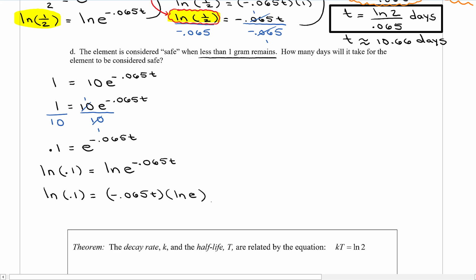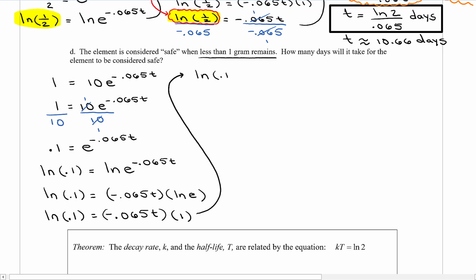So the natural log of 1/10 equals negative 0.065 t times 1, because the natural log of e is just equal to 1. I'm going to draw an arrow from this equation pointing upwards and towards the right to write my new equation here. I'm just going to write the natural log of 1/10 equals negative 0.065 t.